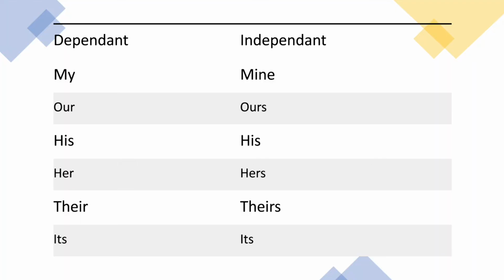Whenever I say independent pronoun, that means there's no noun after it. If I want to talk about something that belongs to a male, I can use his, or you can use the same word for independent possessive pronoun as well. So there's no change in this case.